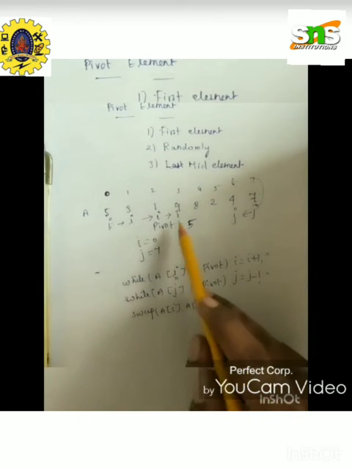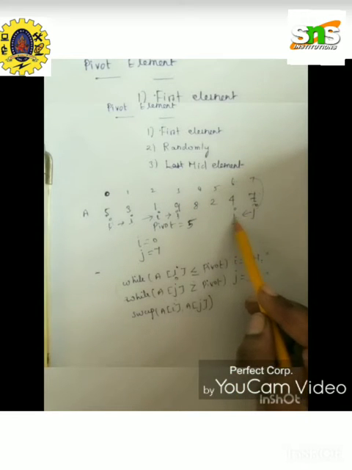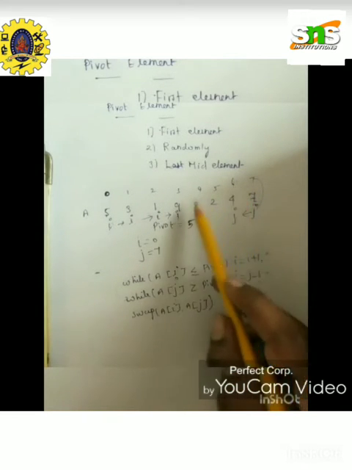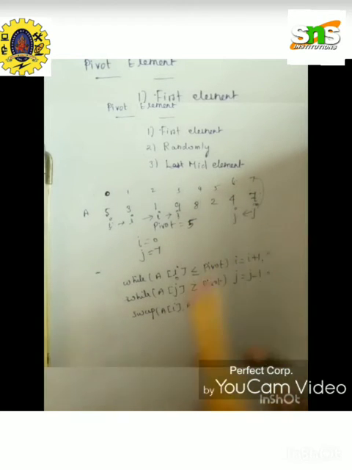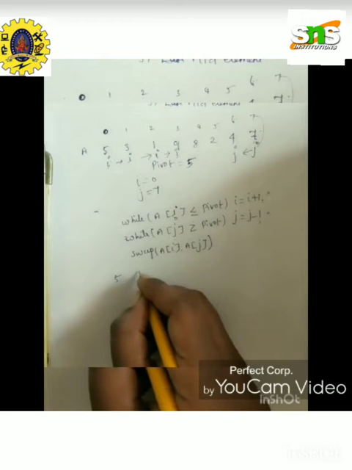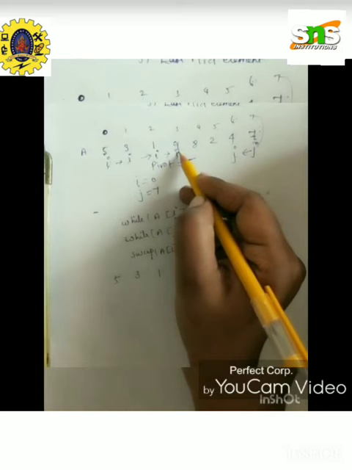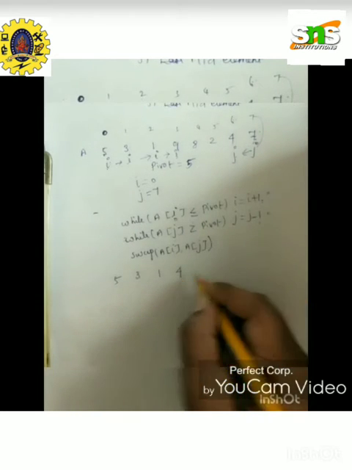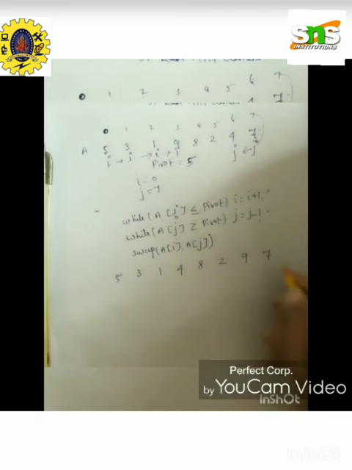Now what is the current i value? i points to location 3, and j points to location 6. So the values stored in a of 3 and a of 6 get swapped. After swapping, the result is 5, 3, 1, and instead of 9 we write 4, then 8, 2, 9 and 7.